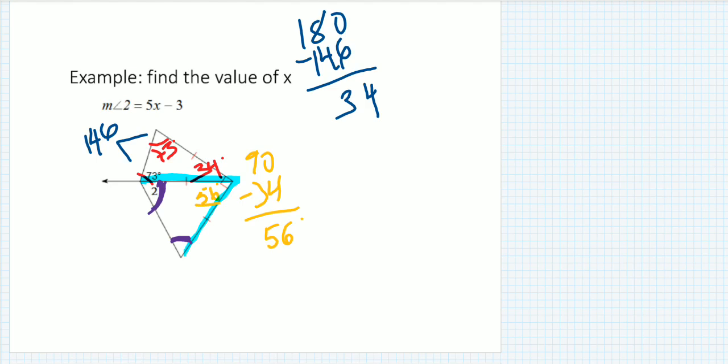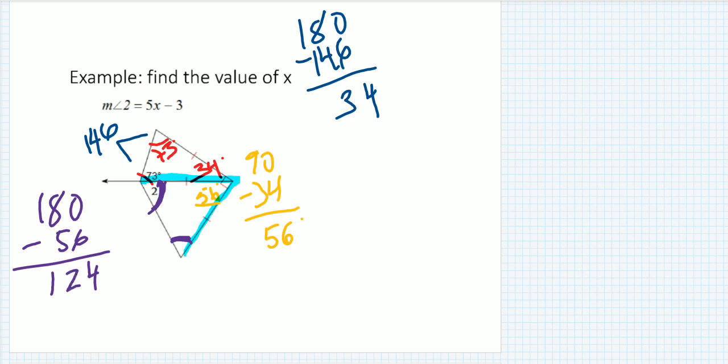So what I can do is 180 minus 56. So that's going to give me, what is that, 124. Yeah, it should be 124.